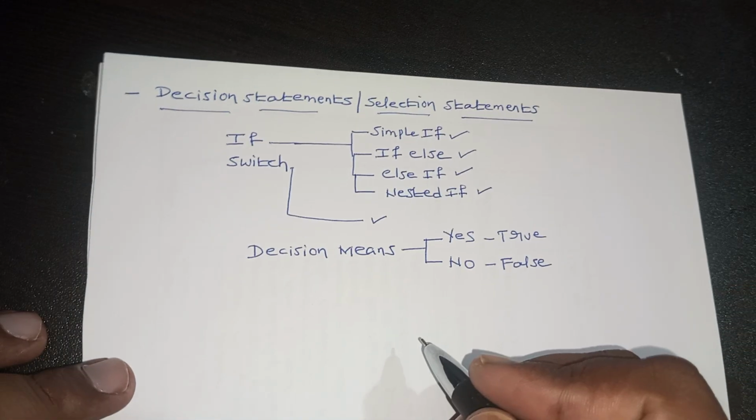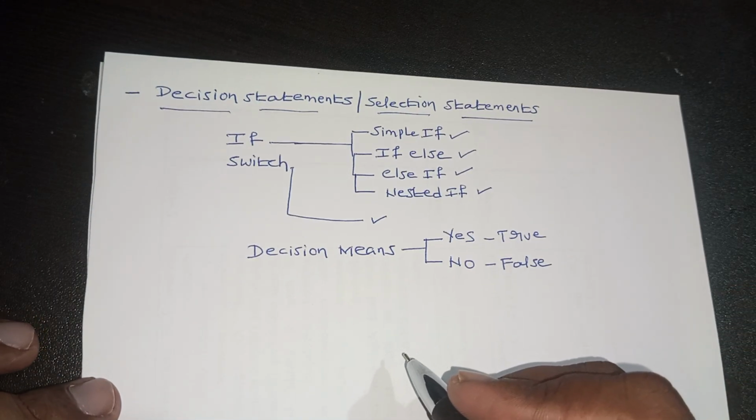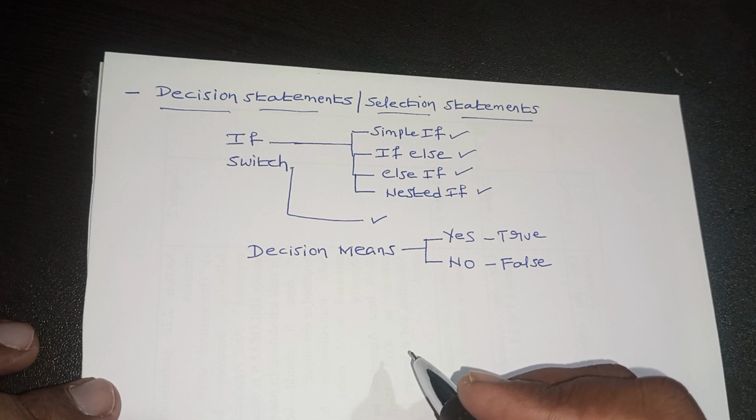For example, if I ask you whether you like this food, you say yes or you say no, you don't say both. That is the decision here.